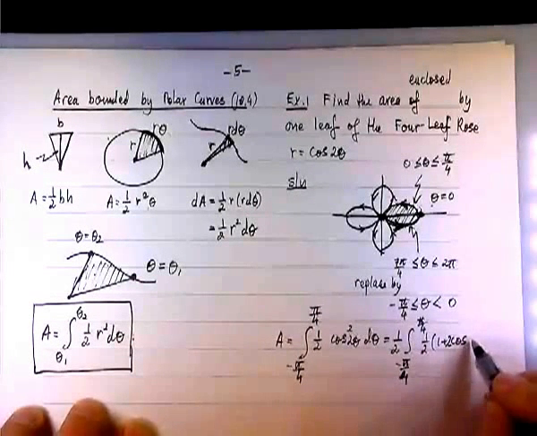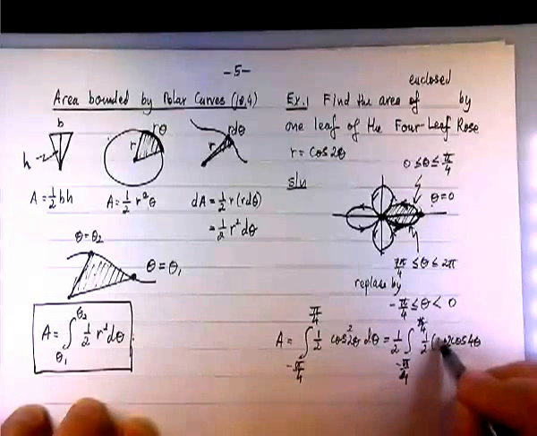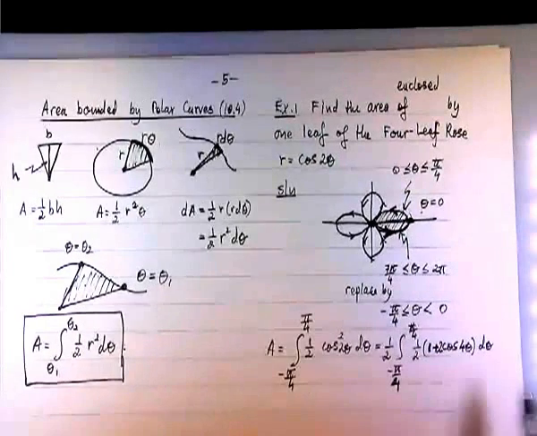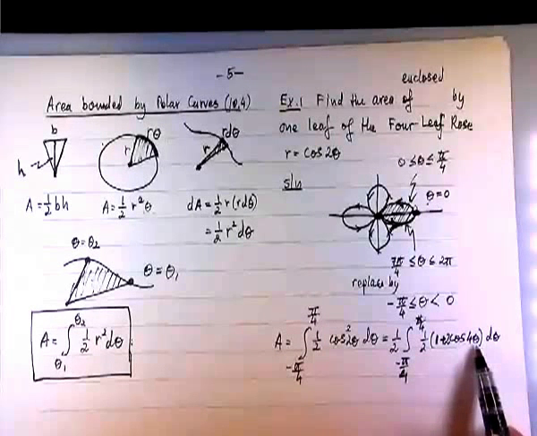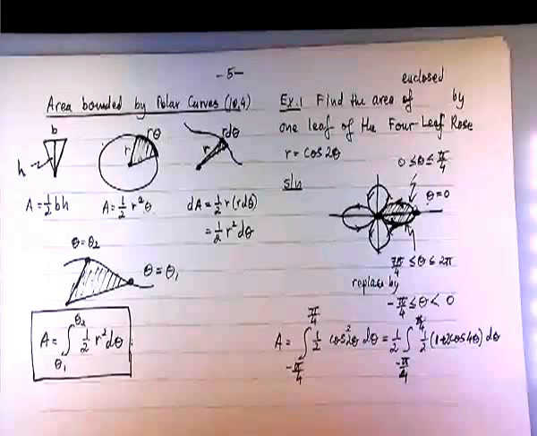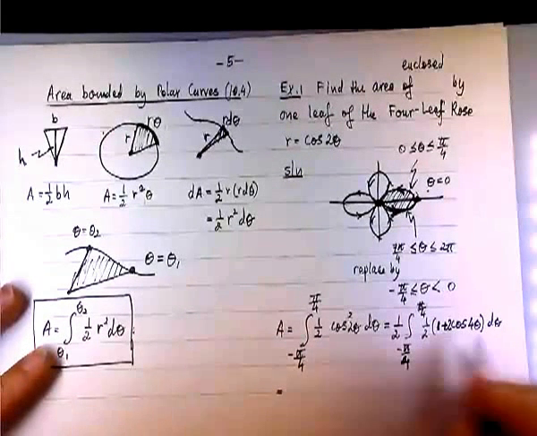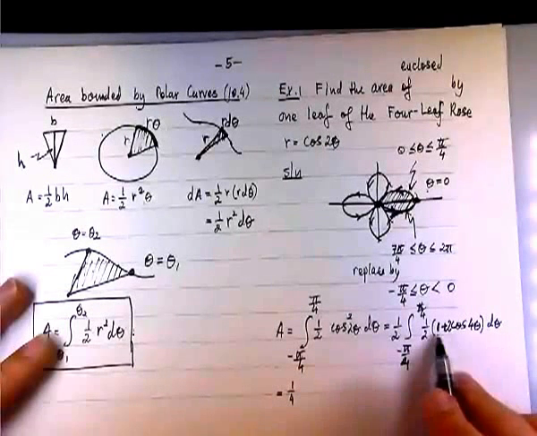But since we had 2 theta before, now it will be 2 cosine 4 theta, d theta. Okay? Can you see that it's 1 plus 2 cosine 4 theta? Good. This is the double angle identity.